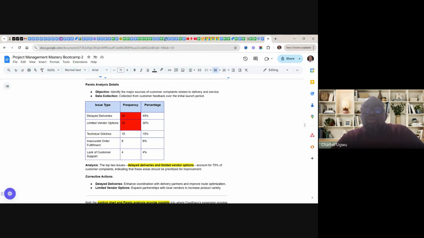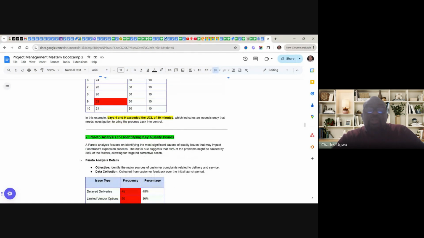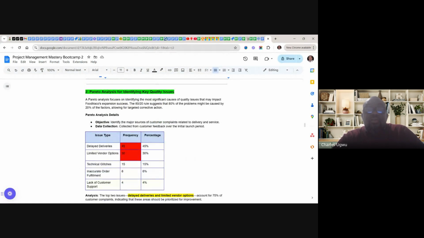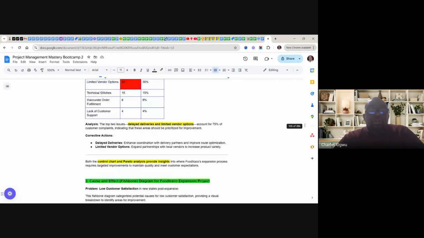So these 2 tools are mainly to help us capture defects. Once we capture defects, we have other tools that will help us do the investigation, and then other tools that will help us improve on the defect.